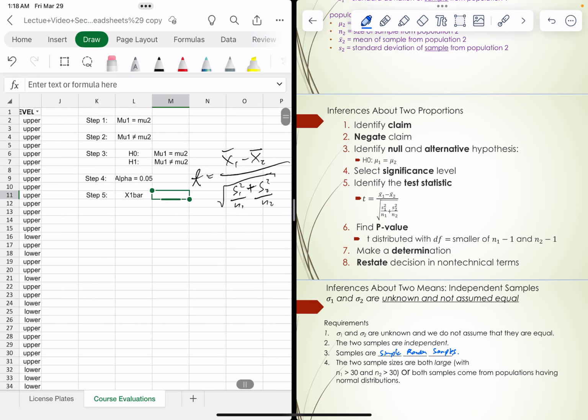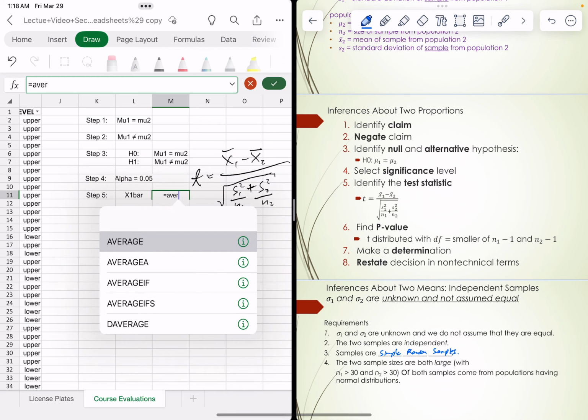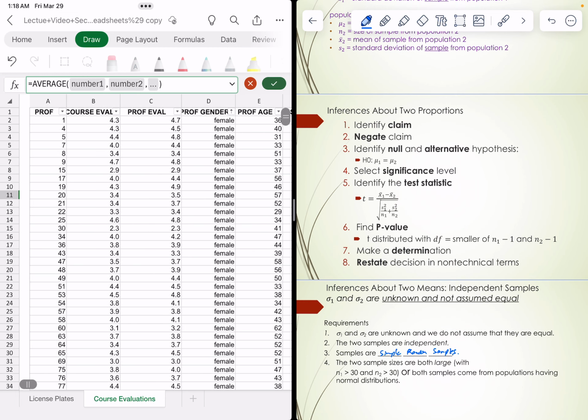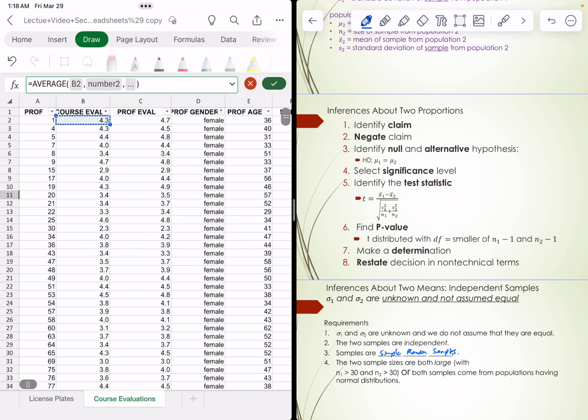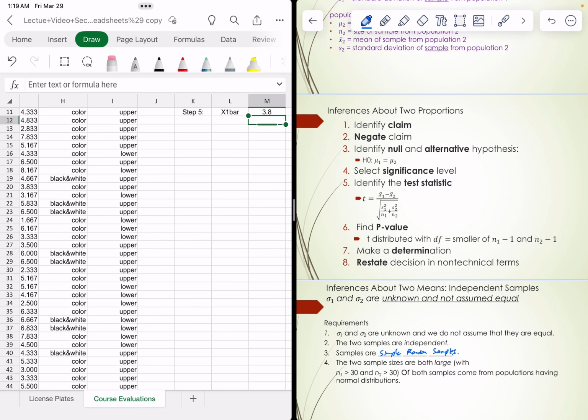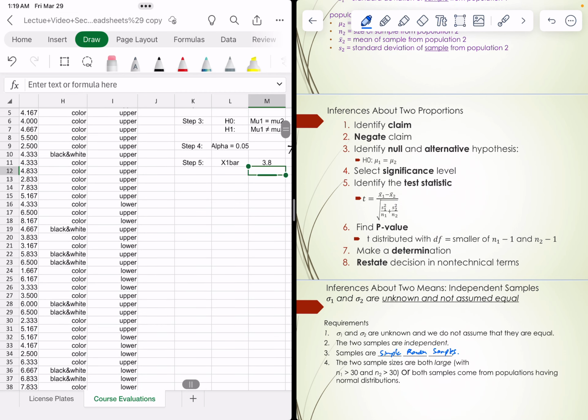So x bar is going to equal average of course evaluations, B2 to B41. There it is. So that's x bar.